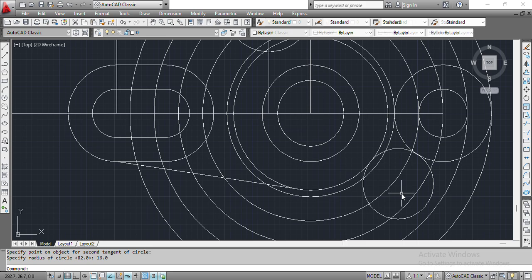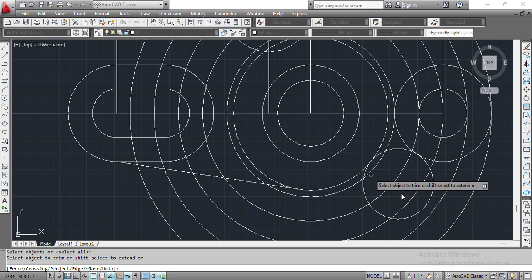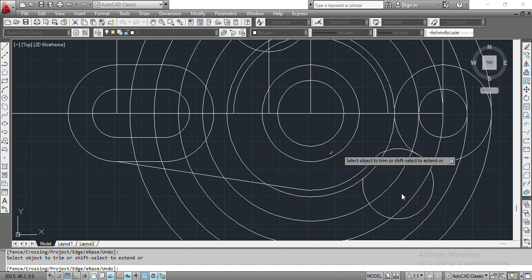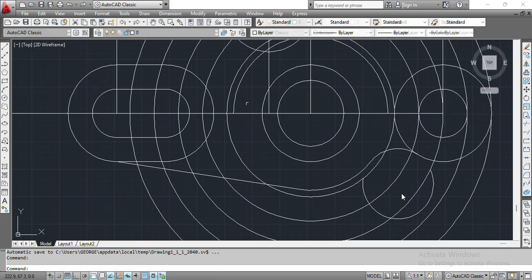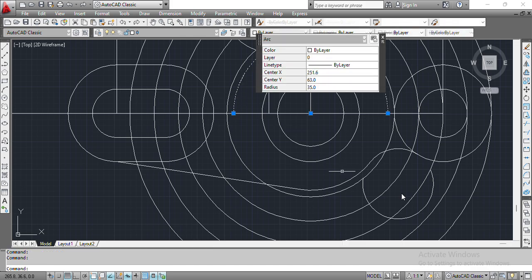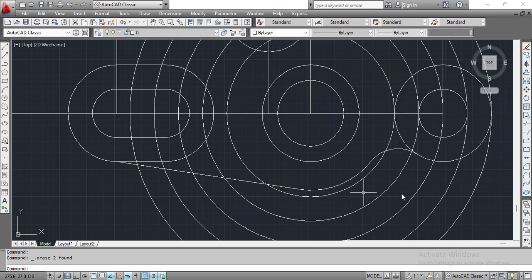So we are going to trim, well, trim, so we have that, delete the unwanted parts.